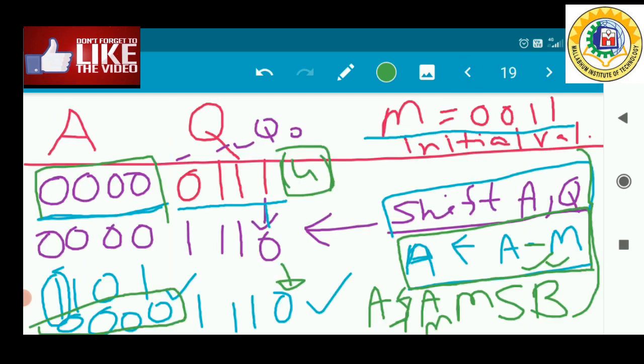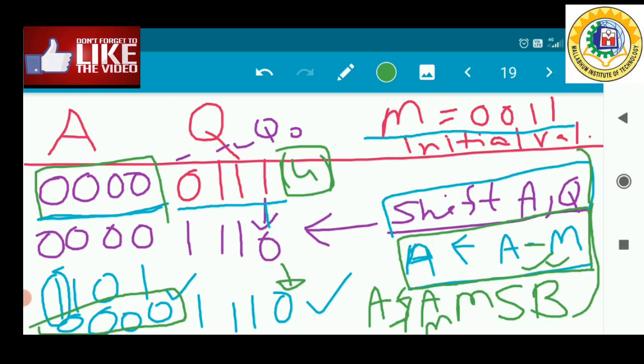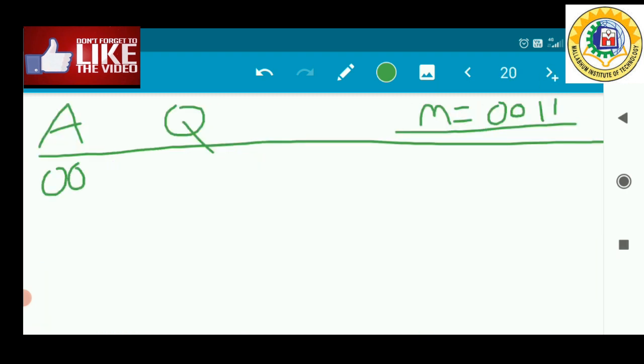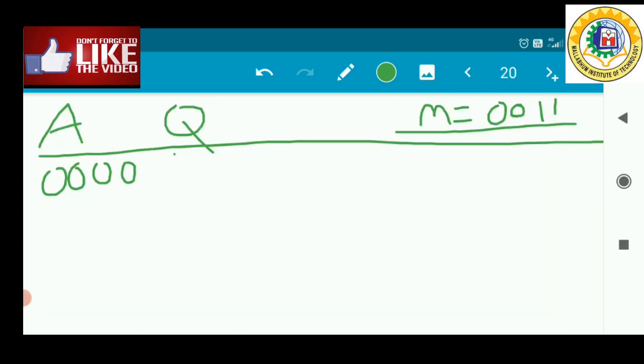So A equal to 0 0 0 0, and your Q equal to 1 1 1 0. Okay, so again the same steps.